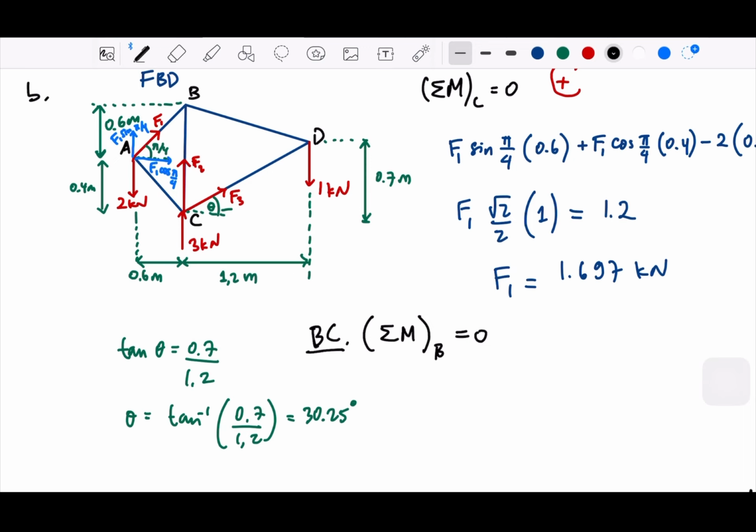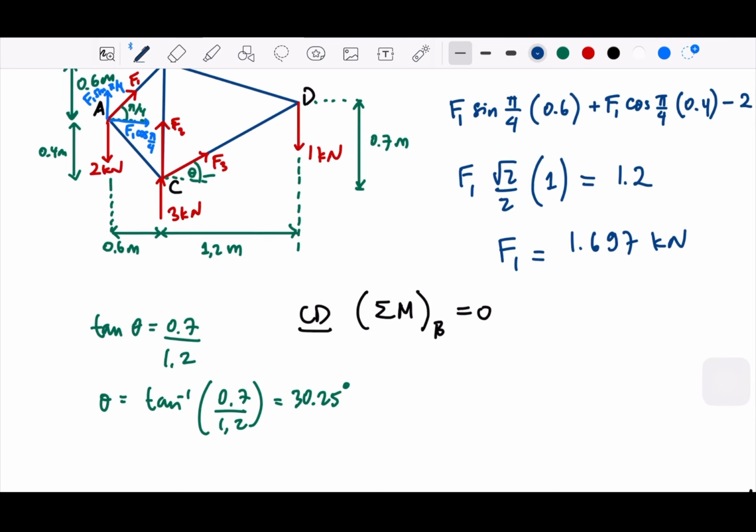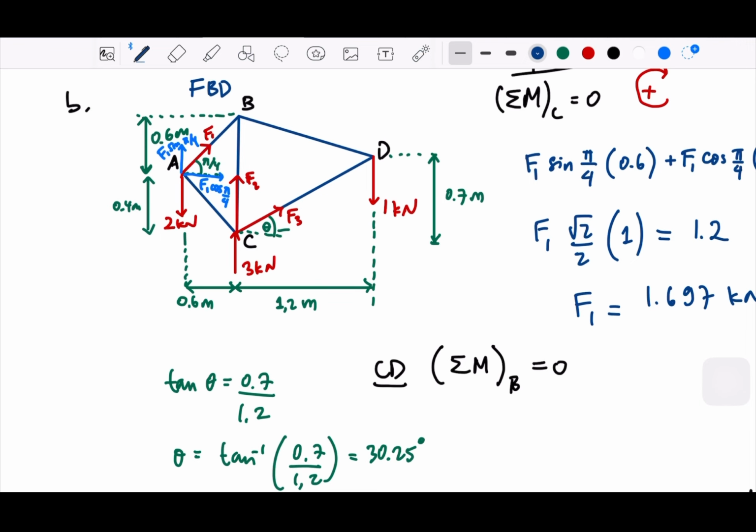I think this one is for the CD. Sorry, I think this is CD first. Okay, let's try CD first to take the F3. I hope it's okay. So this is CD. Okay, let's solve this.